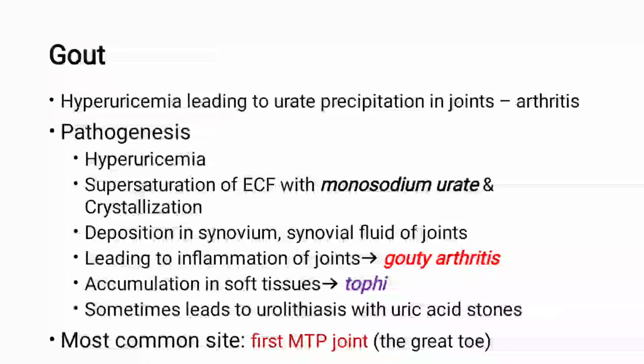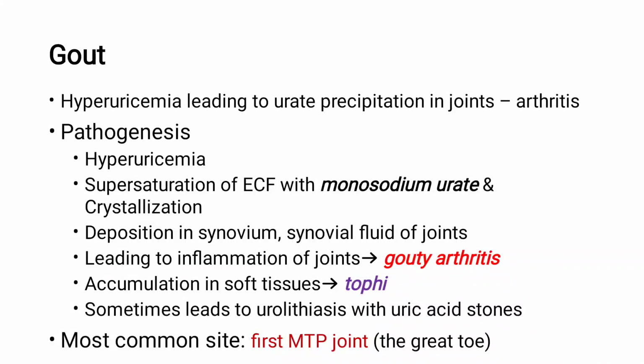So, in all the cases of gout, there will be hyperuricemia, that is increased uric acid level in the blood, and whenever there is increased uric acid level, there may be supersaturation of extracellular fluid with monosodium urate and crystallization. What is this supersaturation of ECF?